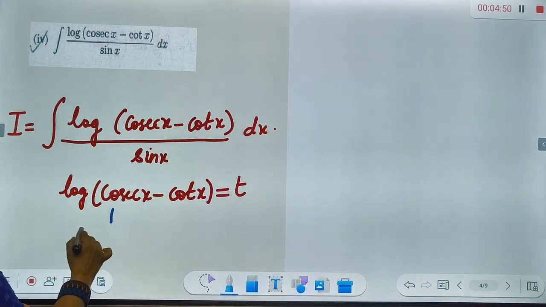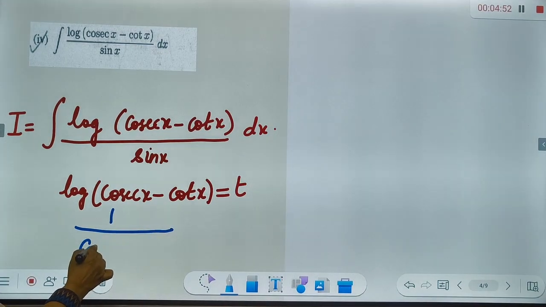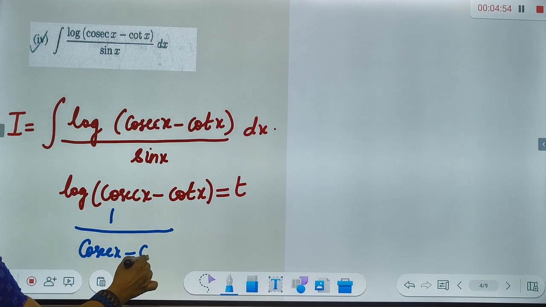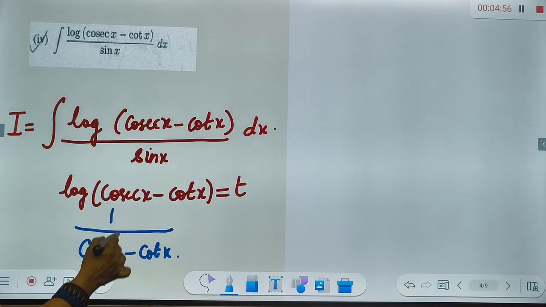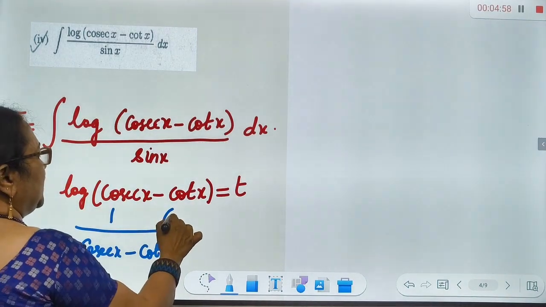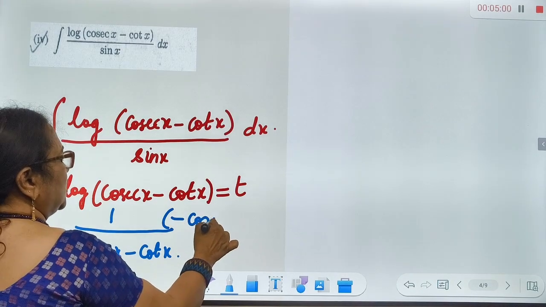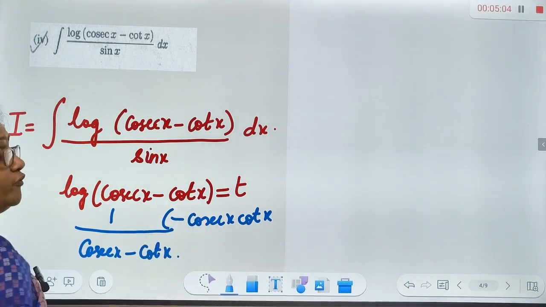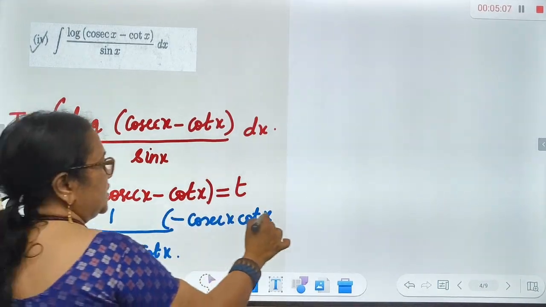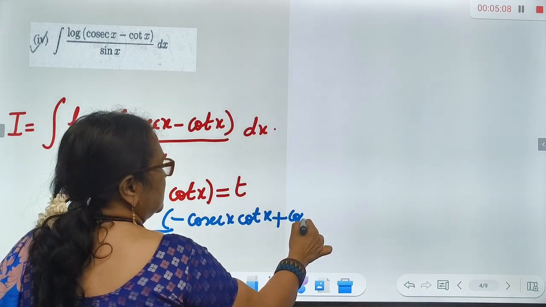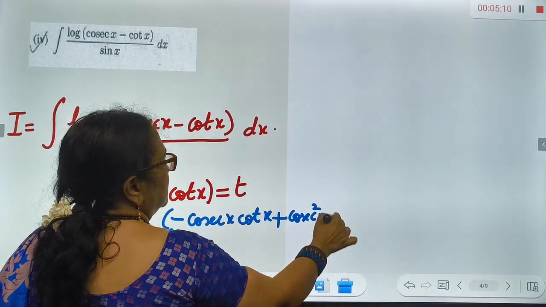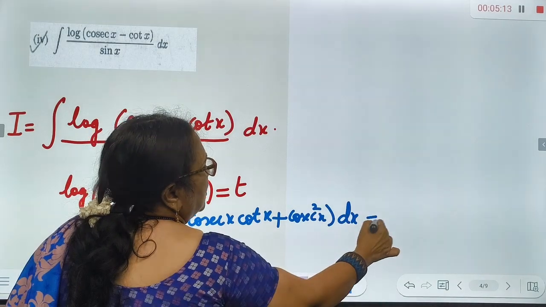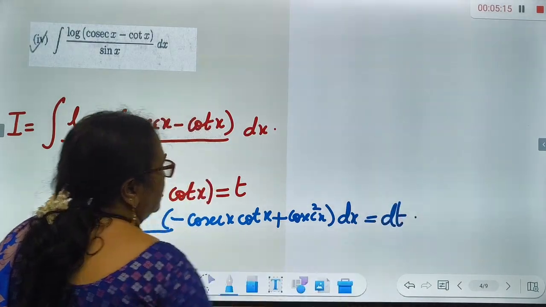Then what will I get? Differentiating, 1 by cosecant x minus cot x, into derivative of cosecant x, which is minus cosecant x cot x. Derivative of cot x is minus cosecant square x, so plus cosecant square x dx equal to dt.